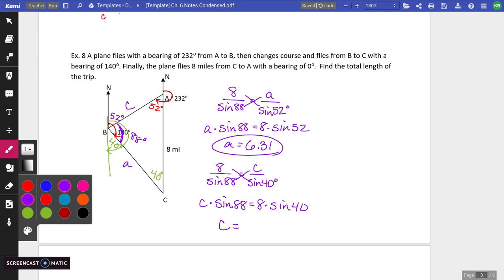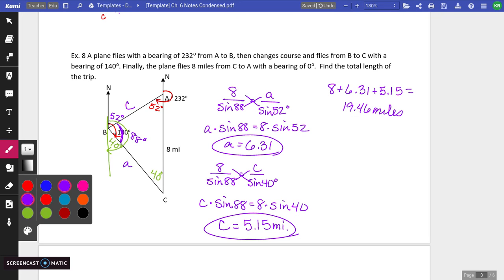And C is going to equal about 5.15 miles. Okay, so we were looking for the total length of the trip. So you have 8 plus 6.31 plus 5.15. So total trip is 19.46 miles.